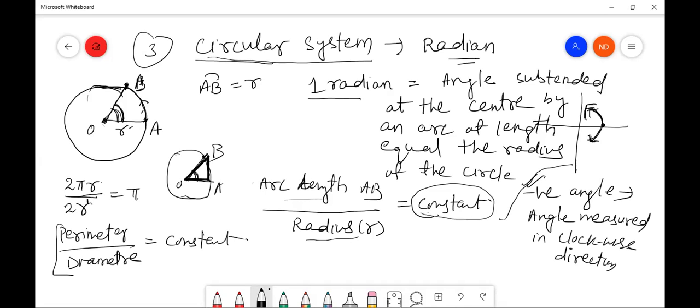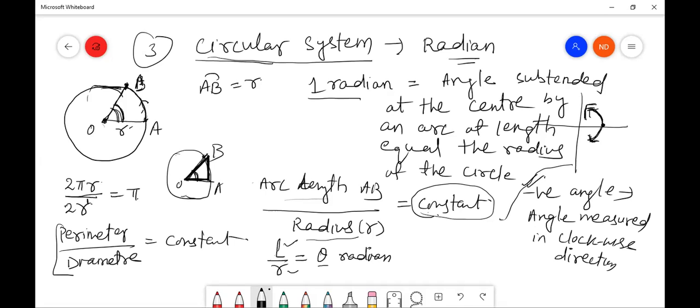So if it is theta radian, it means theta radian equals arc length, let me take it as L, radius is R, so the angle subtended at the center will be theta radian. So we are getting a relationship among the angle subtended at the center, the length of the arc and the radius of the circle.